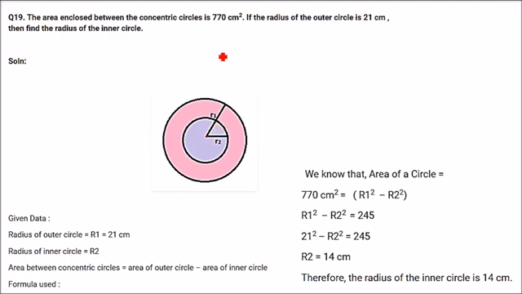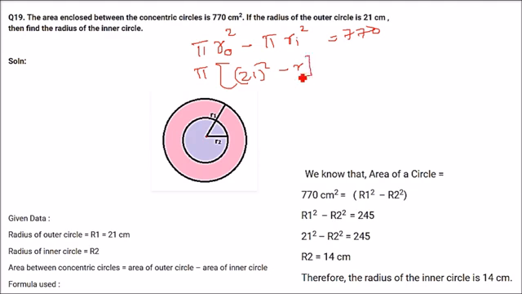So we will find the area of the outer circle, that is pi r outer square. If you subtract the inner area, pi r inner square, you get the area of this pink region, that is 770. So I'm taking pi out. r outer here is 21 whole square, minus r square, which I don't know, so let us write it as r square only.